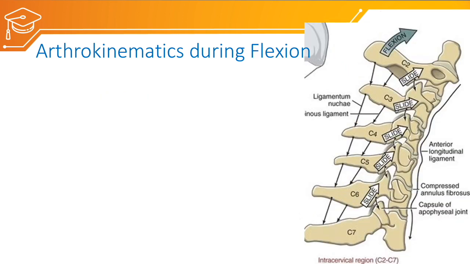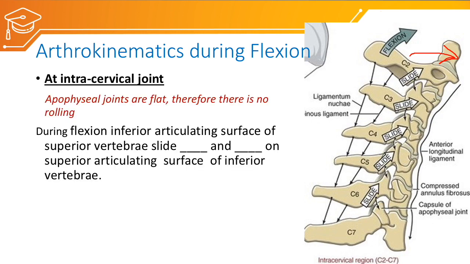Now during flexion, it is opposite. During flexion, the bone is moving anteriorly. So during flexion, let's take the inferior articulating facet of C4 and C5. The inferior articulating facet of C4 slides blank and blank on the superior articulating facet of C5.